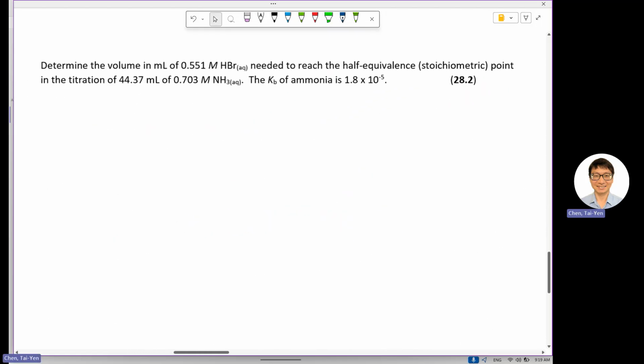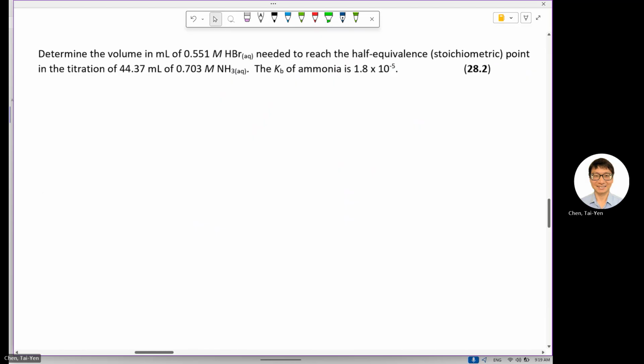Get back to this. Okay. Determine the volume in milliliters of 0.55 M HBr needed to reach the half equivalence point in titration of a certain volume of amine. The Kb of the ammonia is a certain value.